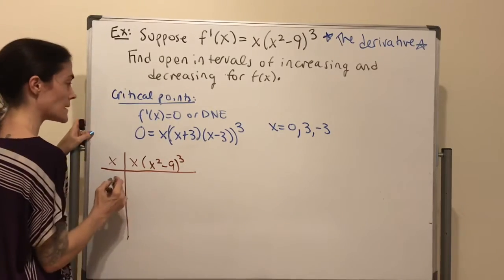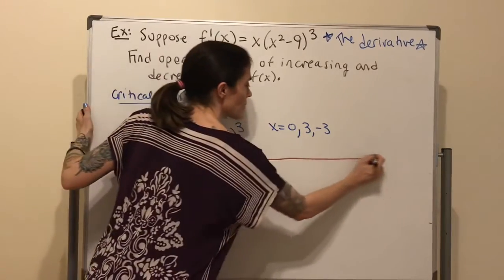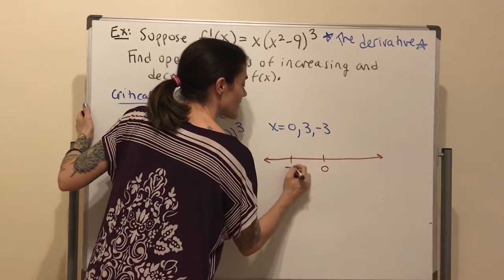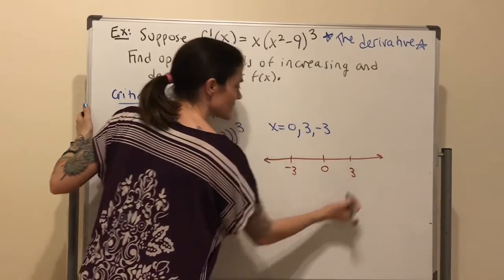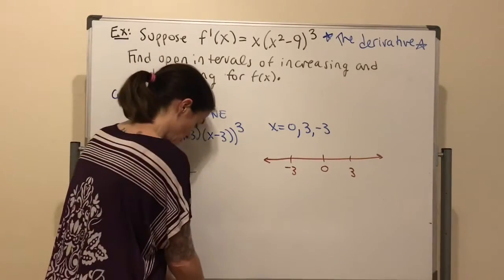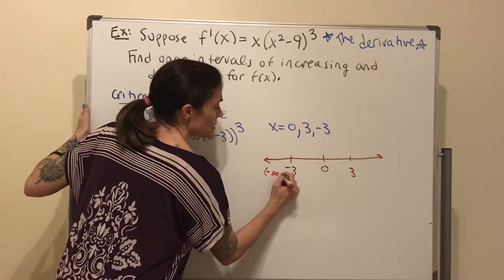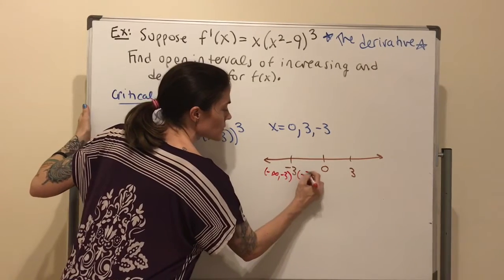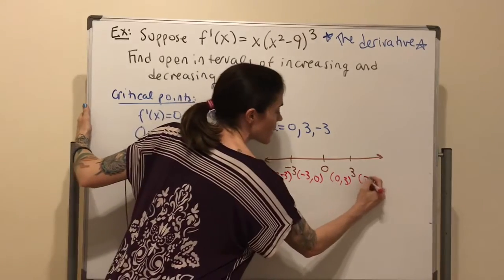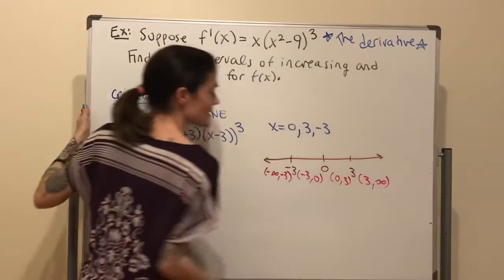And then I need to, forgot my number line. My critical points are here, here, and here, okay? And immediately I can write down my open intervals. We divide the domain into intervals based on the critical points. So here they are, like this.